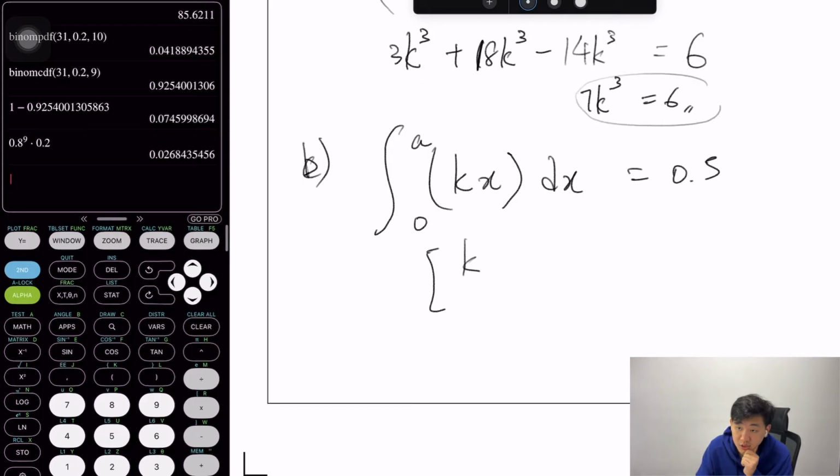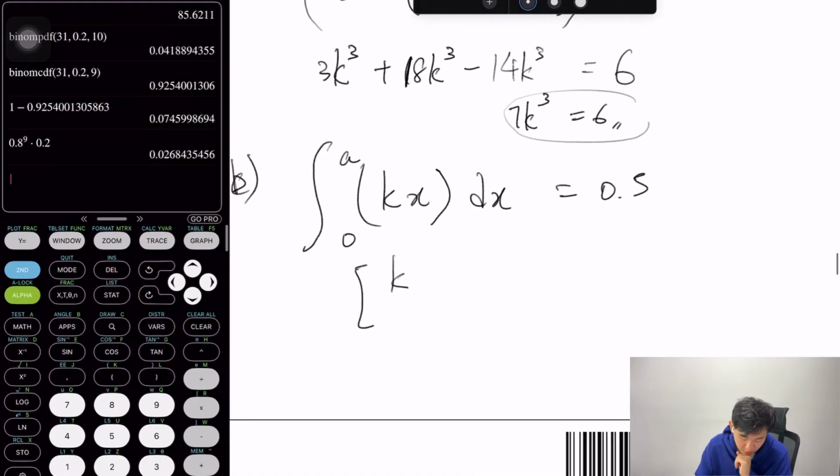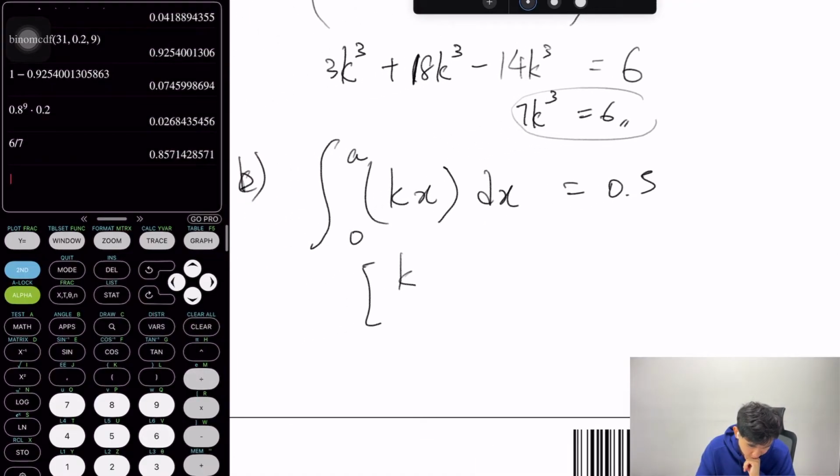So to check that, do we need to find a little bit more of the points first? Okay, so 6/7, and then we have to take the cube root for that. Never mind, we can just take it to the power of 1/3.